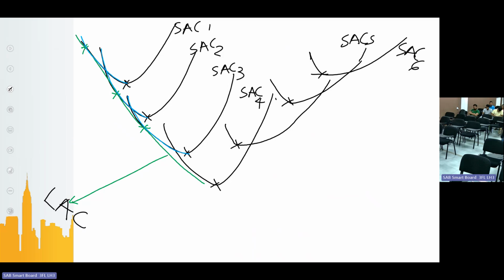And at this point, the long-run average cost curve touches the minimum point of the short-run average cost curve.